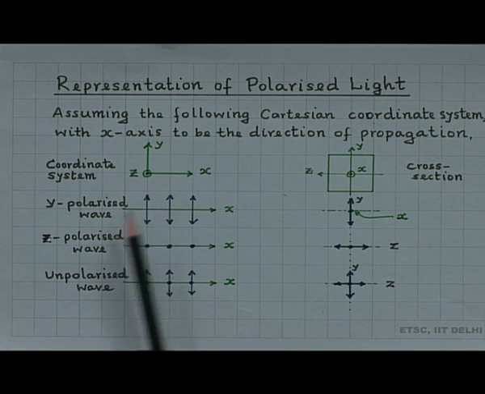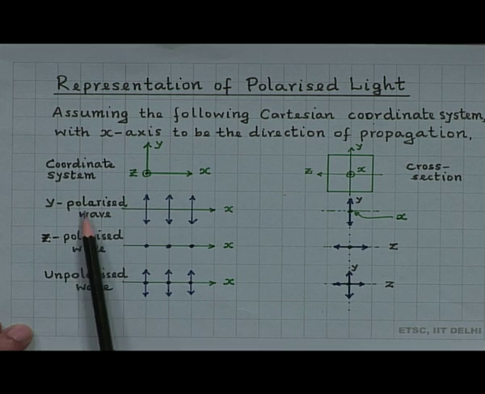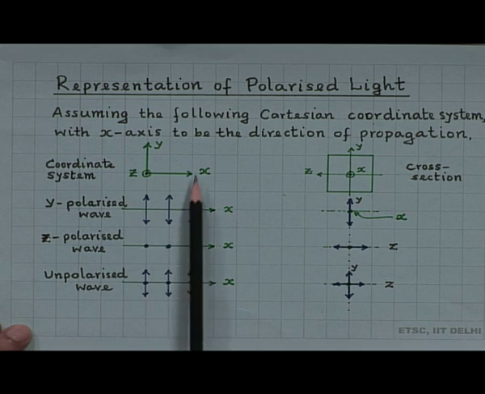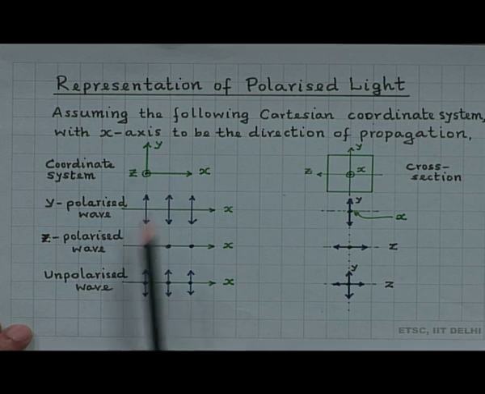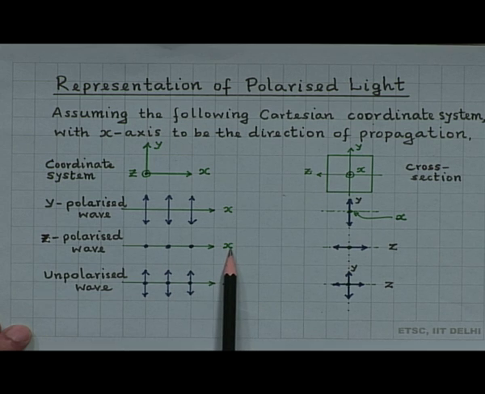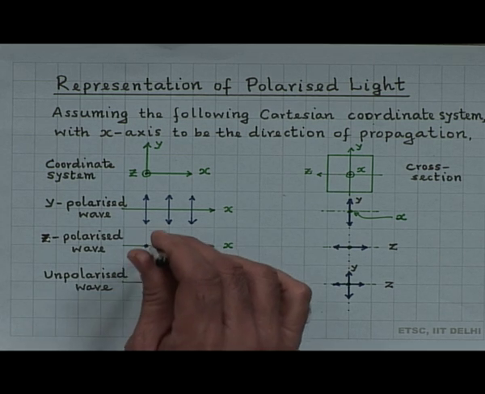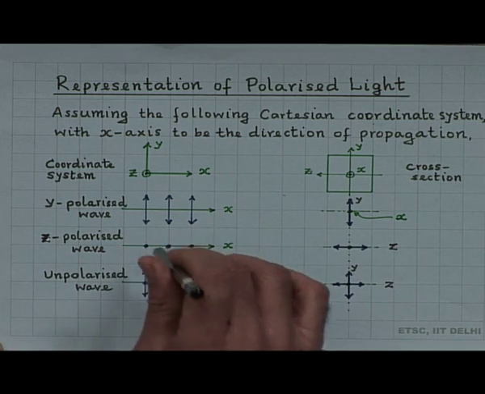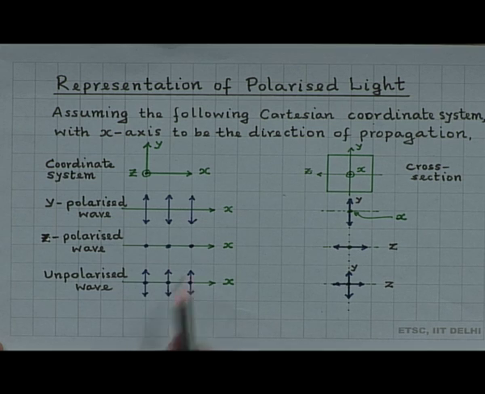Y polarized light is represented like this: this is the direction of propagation and the electric field is oscillating in the direction y. Similarly, for z polarized light, the direction of propagation is x and the electric field is perpendicular to the plane of the paper, which is why it is shown as a dot.